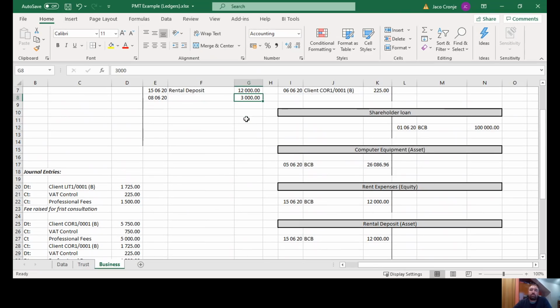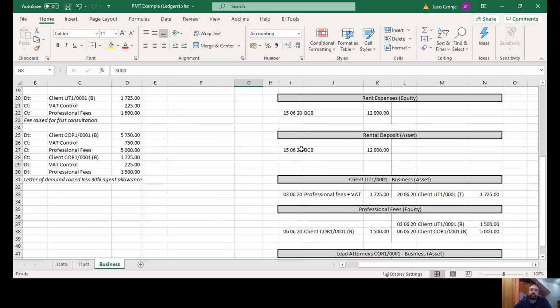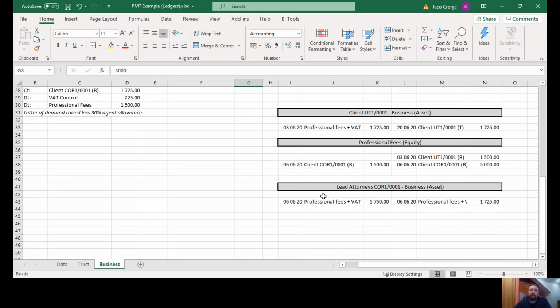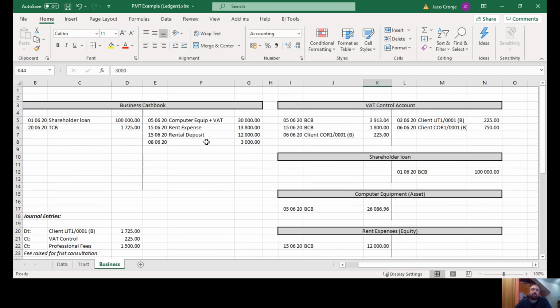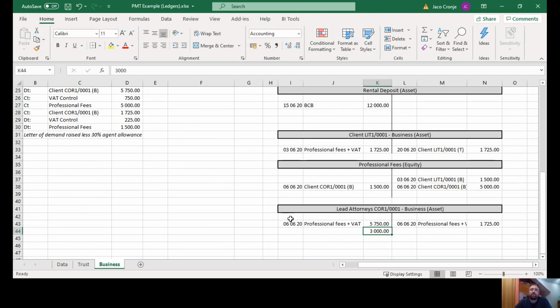So my client will owe me for having to pay the sheriff this 3,000 Rand. So if that's the credit, then I debit my client there with 3,000 Rand to show that you, lead attorneys, owe me as the corresponding attorney for paying this 3,000 Rand on your behalf.